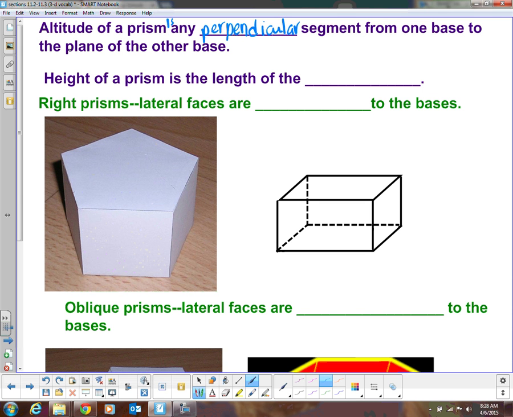The height of a prism is the length of the altitude. What's the relationship between any height and base? Perpendicular. That is true on 2D figures and on 3D figures. So altitude is the perpendicular segment from one base to the plane of the other, and then the height is the length of that altitude.